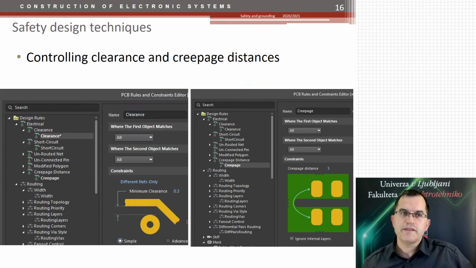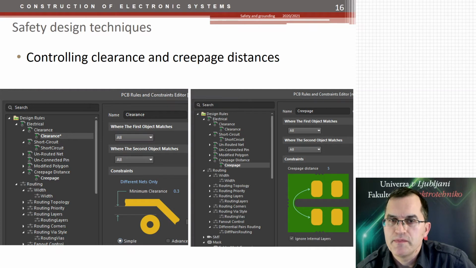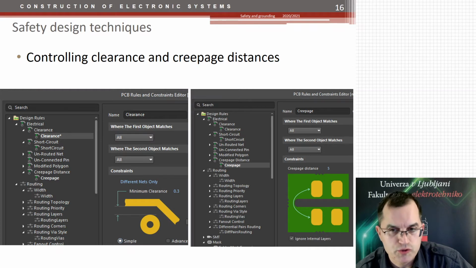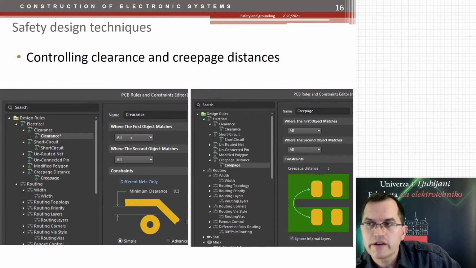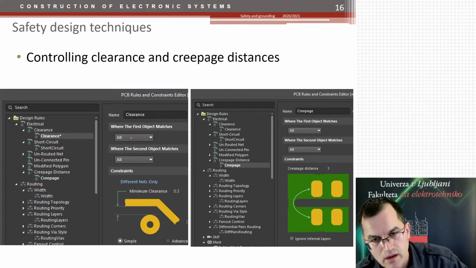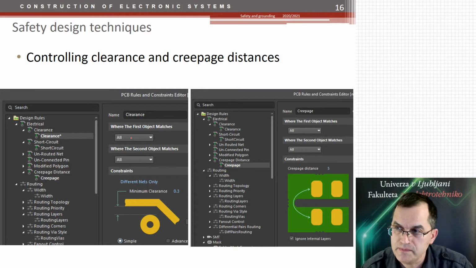And all these safety designs can be controlled with design rules in Altium. So usual clearance, which is shown here, can be defined for different net classes in Altium, so that you can define, let's say, higher clearance between the high voltage parts and the rest.